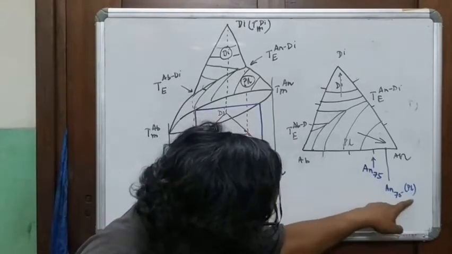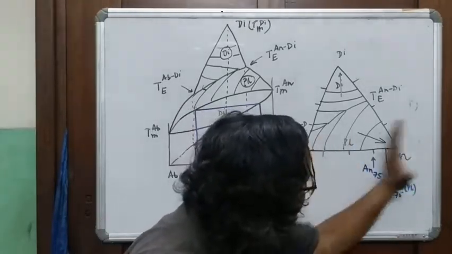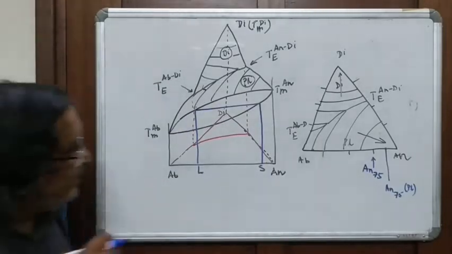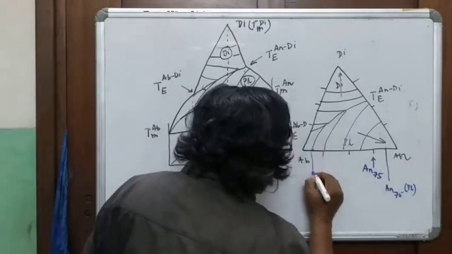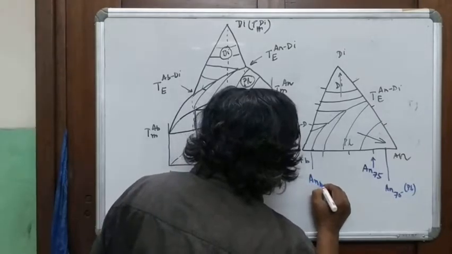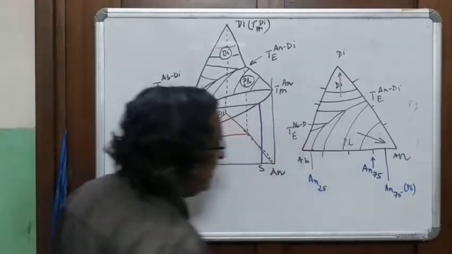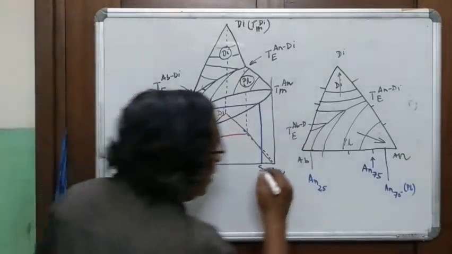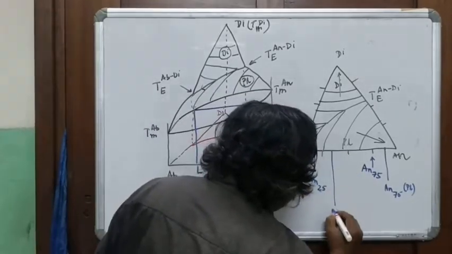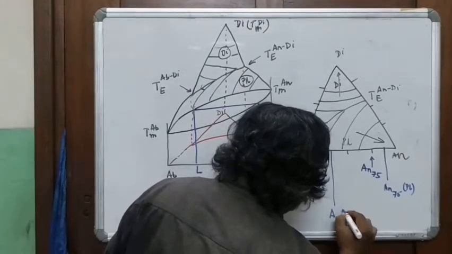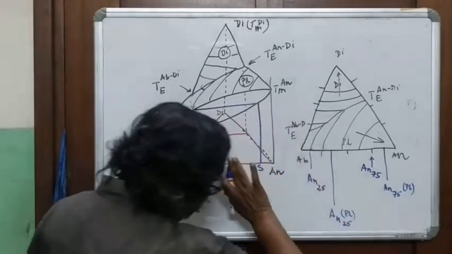Anorthite 75 of plagioclase should be shifted in this direction. Have you understood? Similarly, if you take this as anorthite 25, this is the anorthite 25 of the liquid. The solid anorthite 25 will be here. It will be to the right of it.